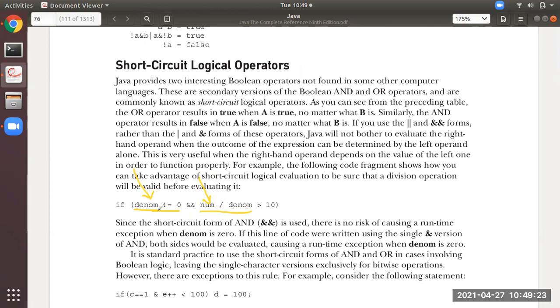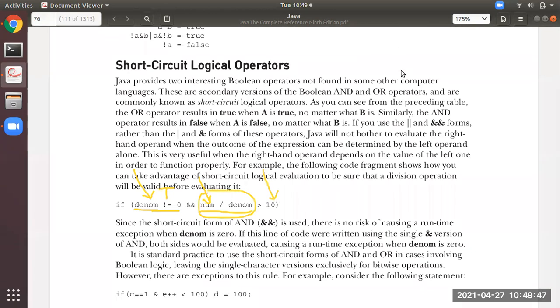What is going to happen here? 2 not equal to 0 is true. Then only it will evaluate this part. Num is 40, so 40 divided by 2 is 20. 20 greater than 10, that is true. This is how it will perform.